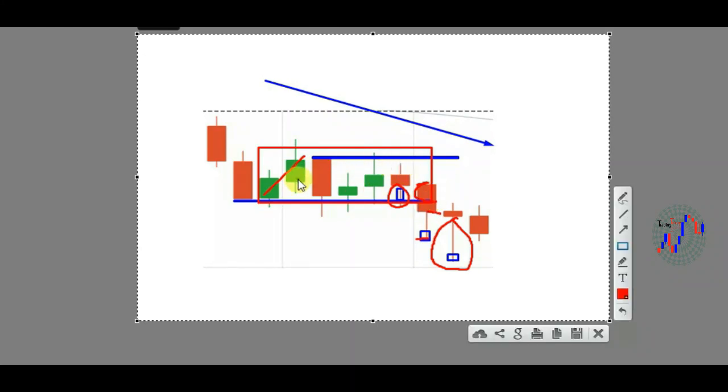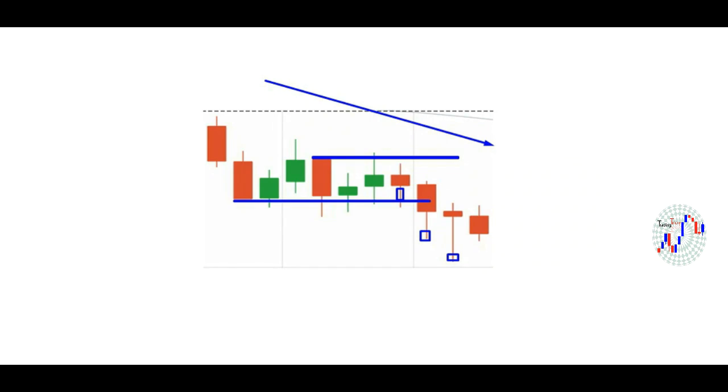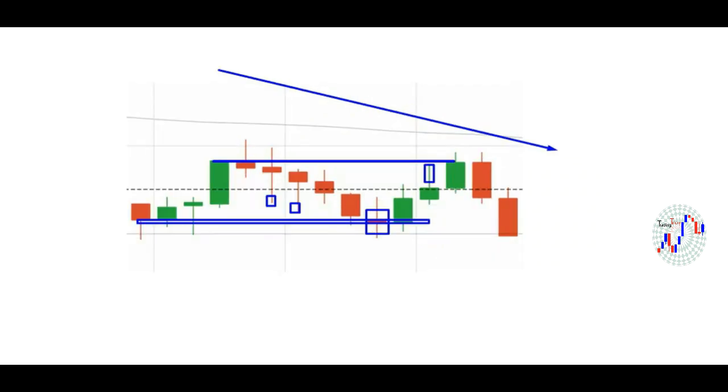As I showed you in the previous chart, there is no strong buyers' activity like strong rejections. If there is a strong rejection or strong buyers' entry in the previous candle, then you can expect a buyers' entry after this scenario. As there is no strong buyers' activity, you should not expect a buyers' entry. So you need to observe each and everything.